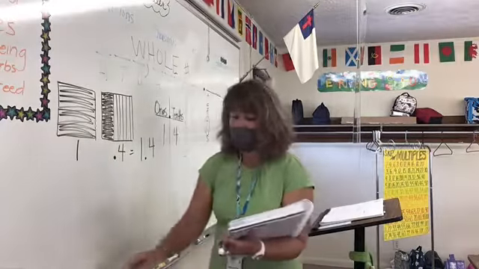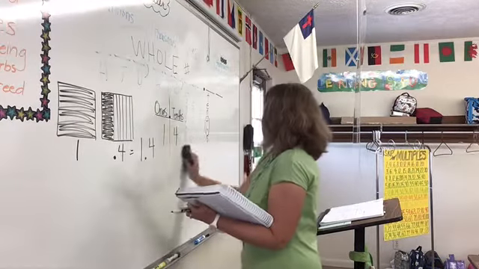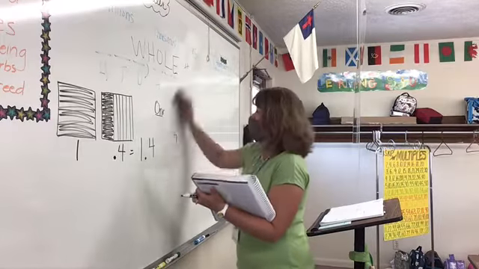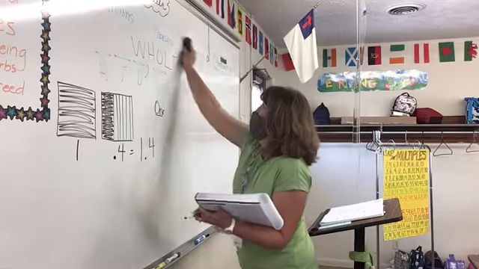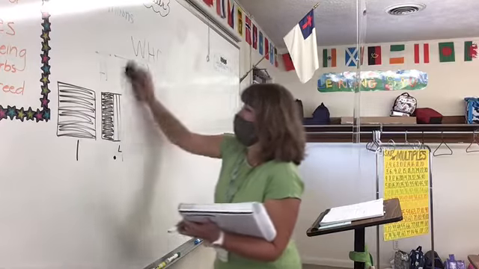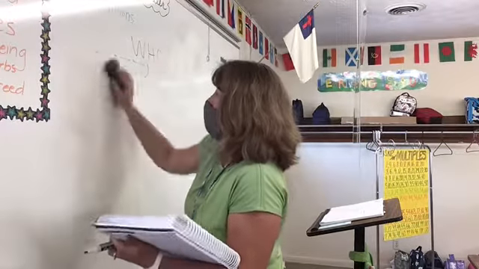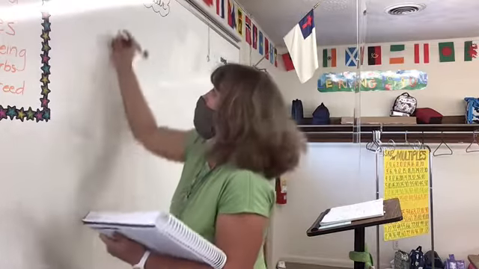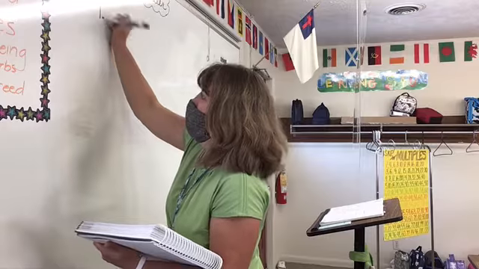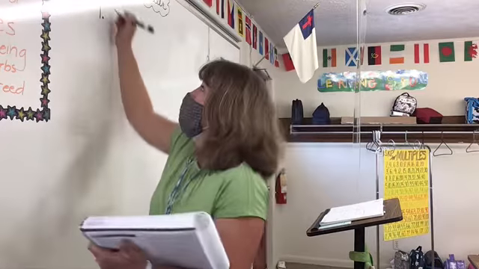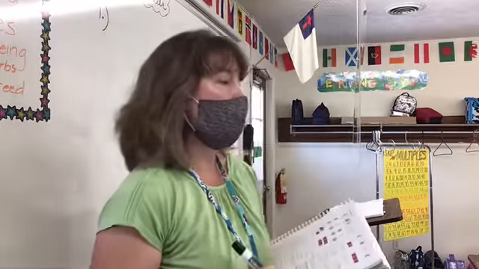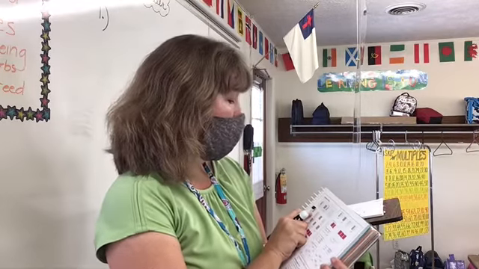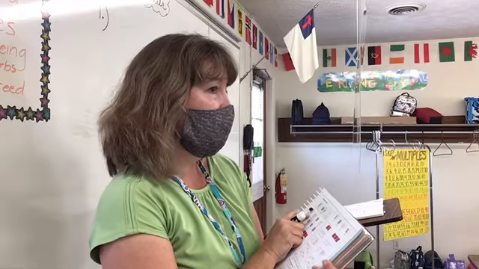I'm going to erase this. So number 1, who can tell me what the decimal, now decimal means it has the decimal point. Okay, so what would be number 1? Count how many pieces of the whole there are shaded in. So how many are there? Mackenzie? 6.